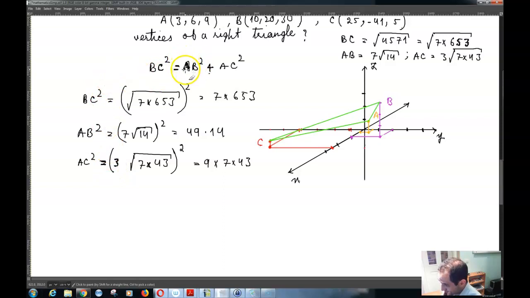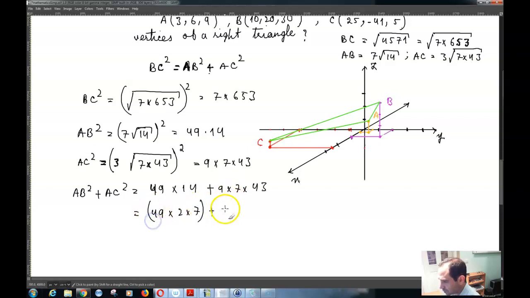Now, AB squared plus AC squared is equal to 49 times 14 plus AC squared, which is 9 times 7 times 43. Over here I can take a 7 out, so I can write this as 49 times 2 times 7 plus 9 times 7 times 43.